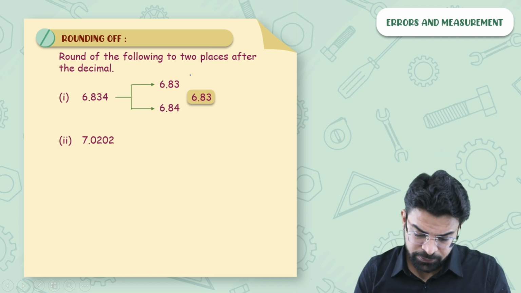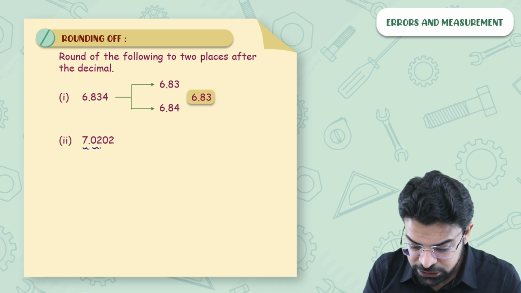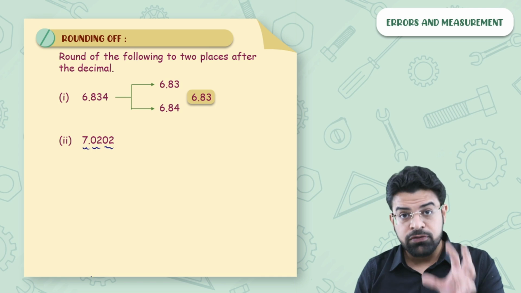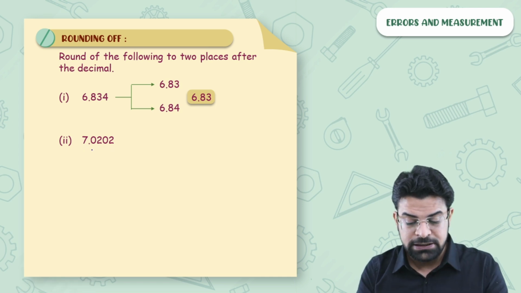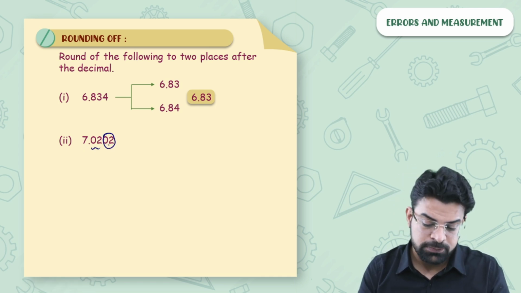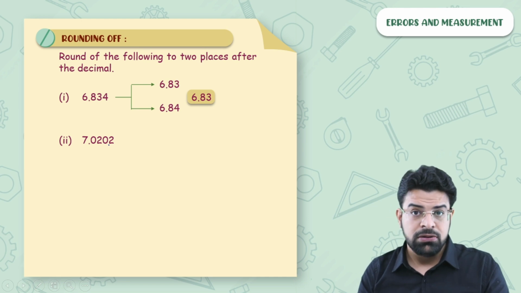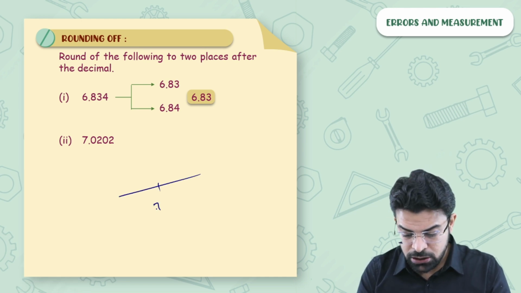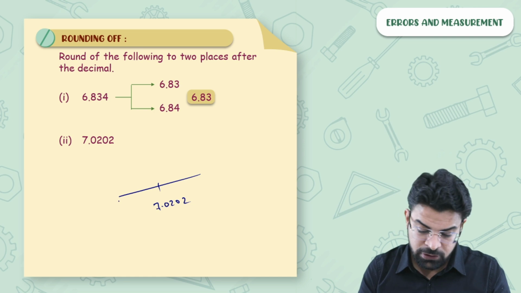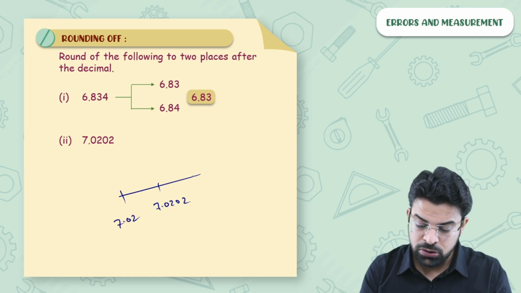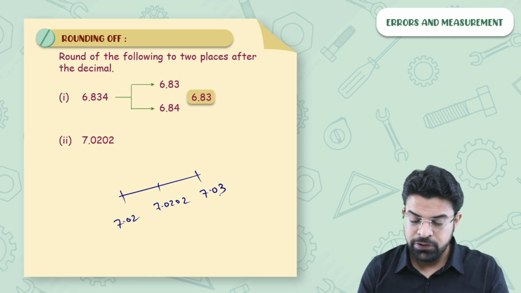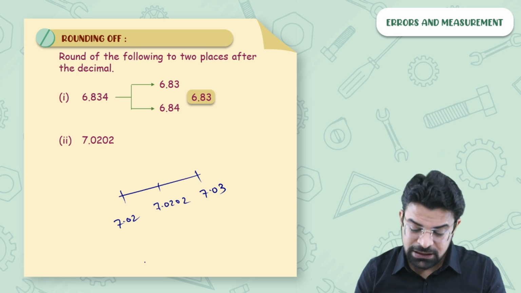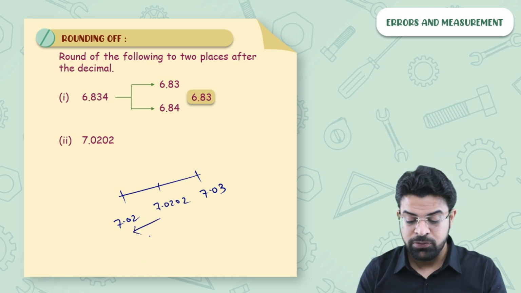Next example. Let's say you have got 7.0202 and you wish to round it off to two places after the decimal. So you wish to drop this part. Now, 7.0202 will lie between 7.02 and 7.03. It is closer to which one? So 7.0202 is closer to 7.02.